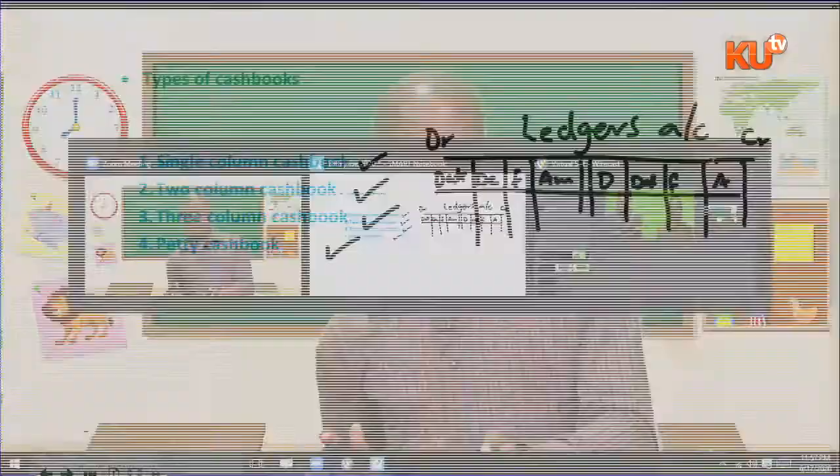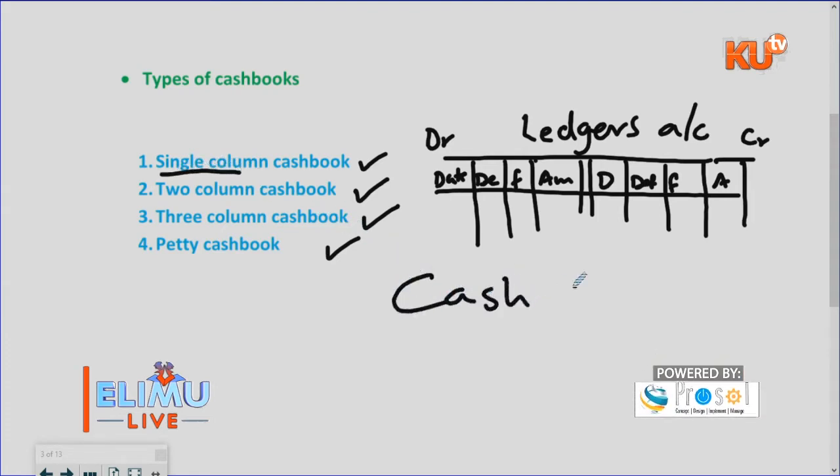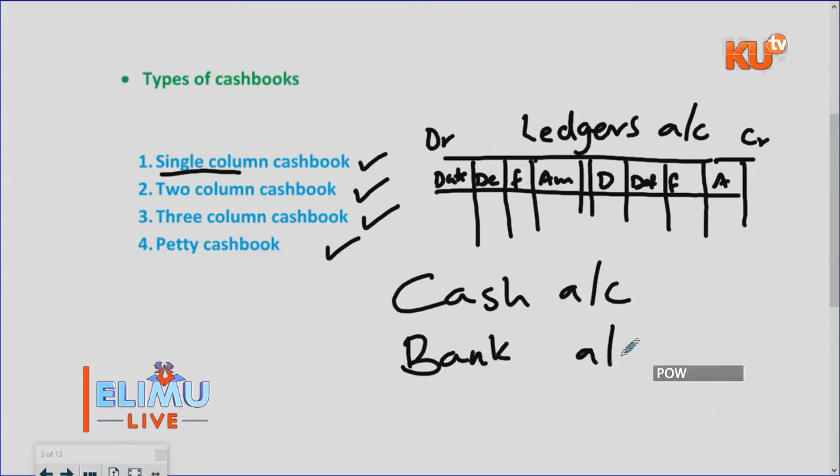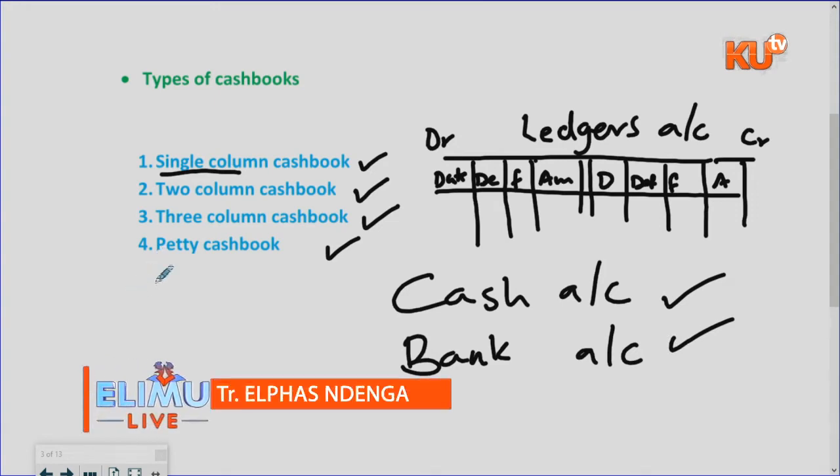So when we look at the single column cash book, we are only going to look at two things: the preparation of the cash account and the preparation of the bank account. But since these were covered in the ledgers, we are not going to do much on them. And that's why we are going to have our focus on the two-column cash book for this lesson.